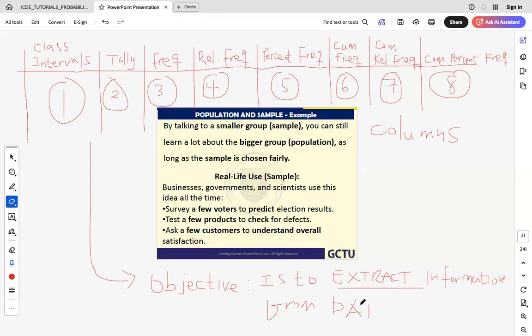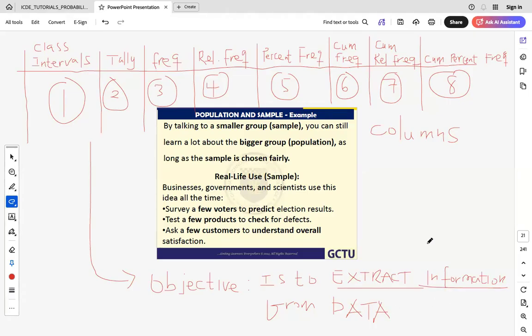That is what this table will do. Its objective is to extract information, extract information from data.